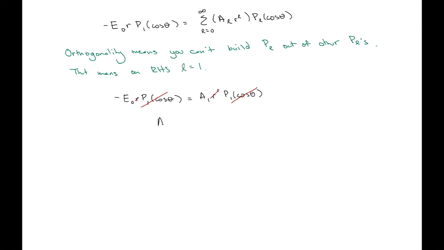And I get that our a here is going to be equal to negative E naught. And that is the a at L equals 1, but it's also the a that's in my general solution. So actually, let's just update. We'll say we're updating our general solution.